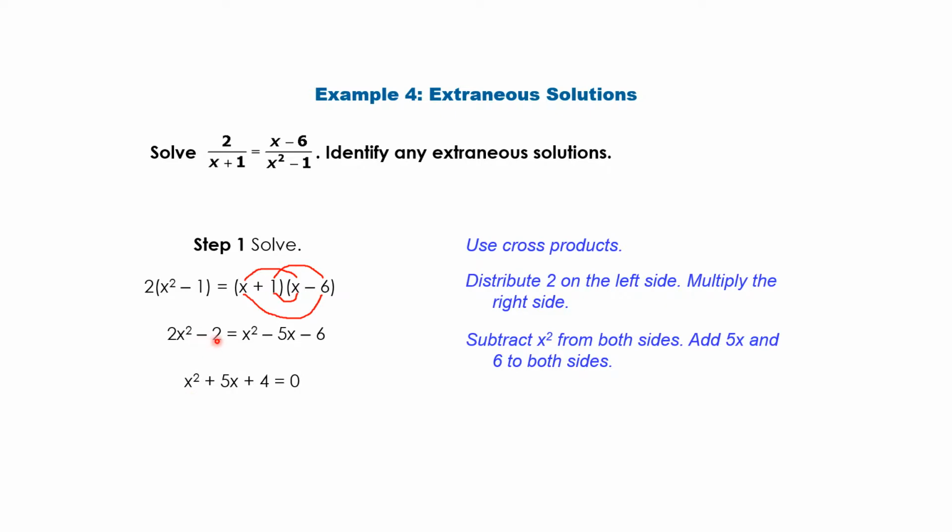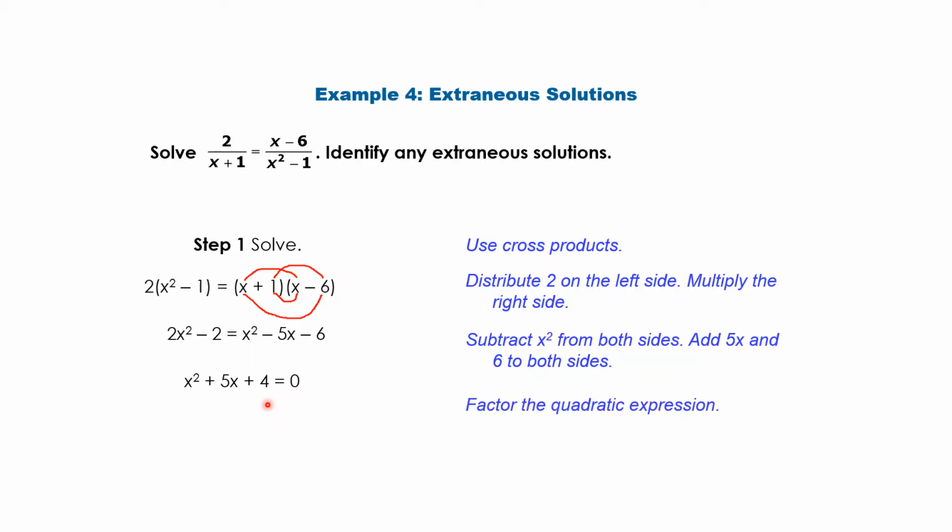Negative 2 plus 6, the answer is 4. Now, because we don't have any similar terms to 5x, we are just going to copy the 5x. So that's why we have x squared plus 5x plus 4, which is equal to 0.